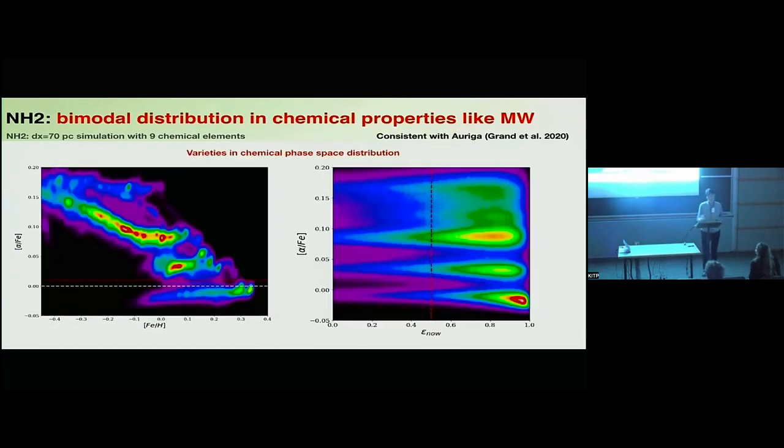And if we look at other galaxies, we have many other galaxies. They all have different alpha versus iron morphology in this diagram, because they all have different merger history and star formation histories. Okay, so we can't really generalize the picture based on one galaxy.